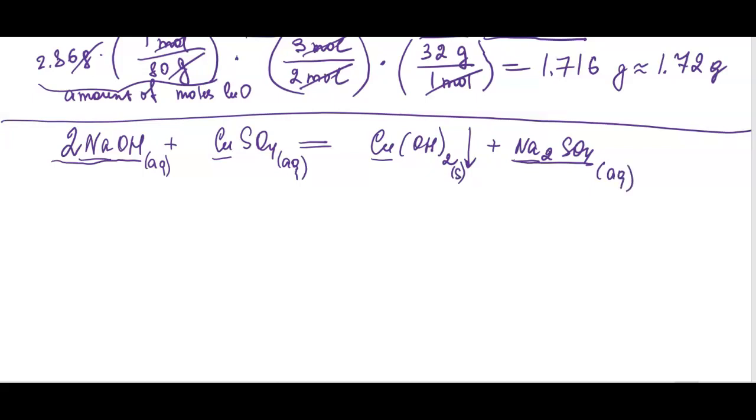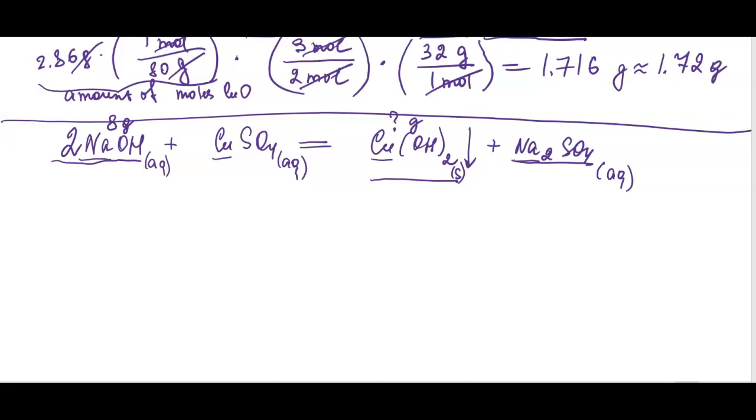For example, what if I need to calculate the mass of precipitate here, if we have a certain amount of sodium hydroxide? So let's say I have 8 grams of sodium hydroxide, and I need to calculate how many grams of copper hydroxide I will end up with. Okay? We start with the equation, and we start with the molar ratio.